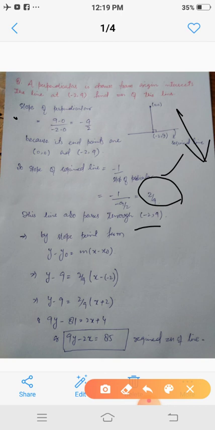So by slope point form, m equals 2 by 9, x naught equals -2, y naught equals 9. By substituting, we simply get 9y minus 2x equals 85, which is the required equation of the line to which a perpendicular is drawn from the origin, and that perpendicular intersects this line at point (-2, 9). So again here we used this slope point form.